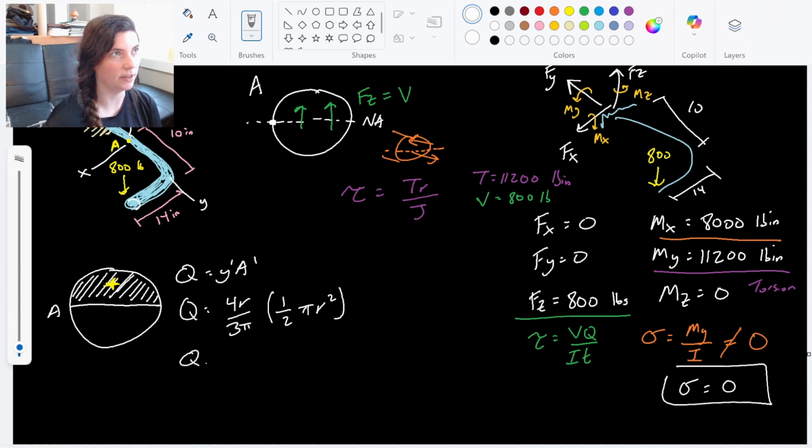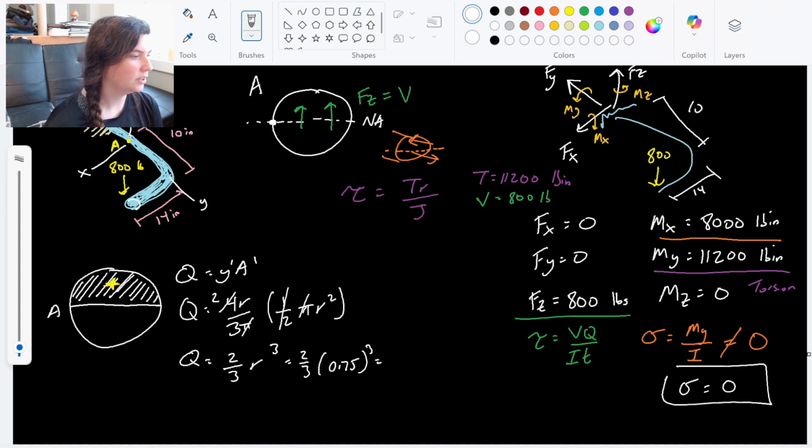We can simplify this down. These pi's cancel and one of these 2's cancels with the 4, so I end up with 2/3 r cubed. So 2/3 times 0.75 cubed gives me 0.28125 inches cubed. All right, so I've got a Q value.